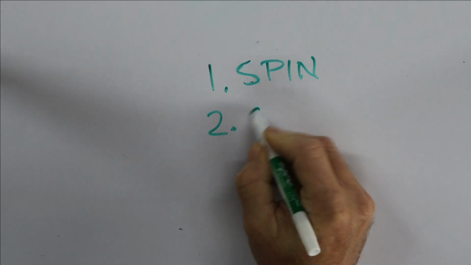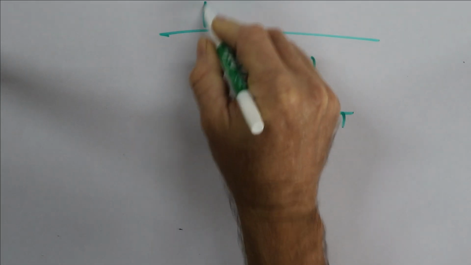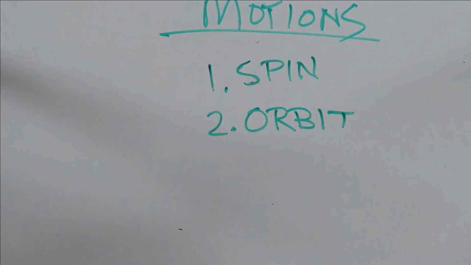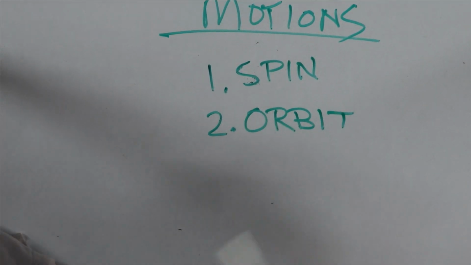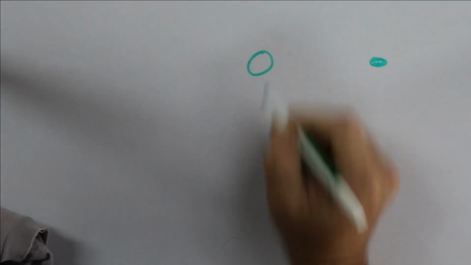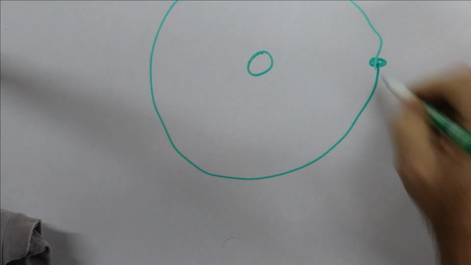That's motion two, orbit. I can make an orrery that will have the sun in the center and the earth revolving around it.